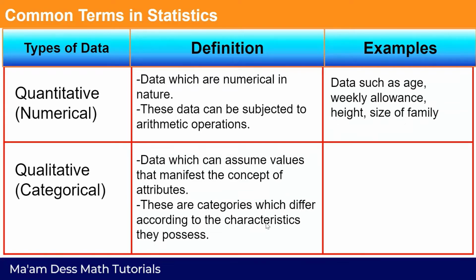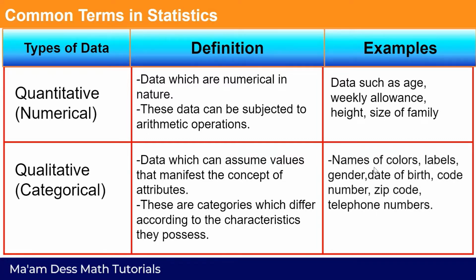These are categories which differ according to the characteristics they possess. Samples are names of colors, labels, gender, date of birth, code number, zip code, telephone numbers.